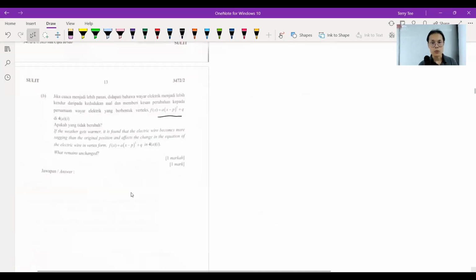Apa yang tidak berubah? We say B equation, or should I say the axis of symmetry. Or we can say in bahasa, paksi symmetry. Ya, paksi symmetry tidak berubah.